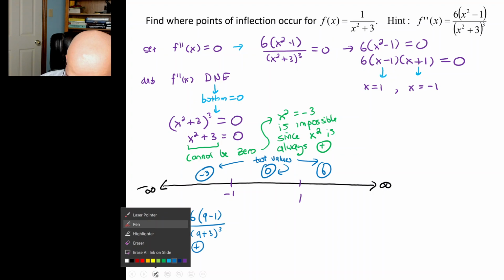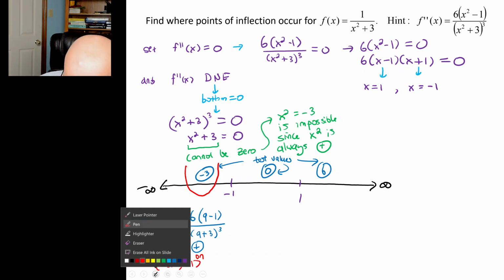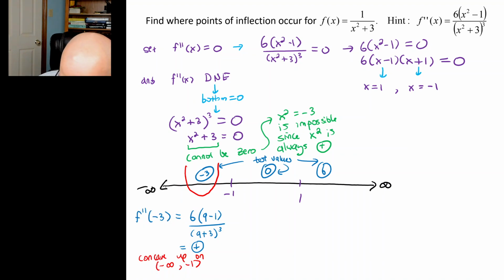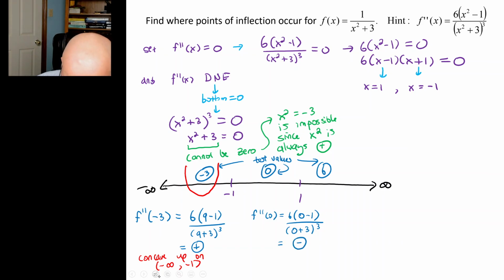That means it's concave up in the first region, from negative infinity to negative 1. Now we're going to plug in the test value in the middle. f double prime of 0 is 6 times 0 minus 1 divided by 0 plus 3 cubed. That's going to be positive times negative divided by positive, so that'll be negative. So it's concave down in the next region.